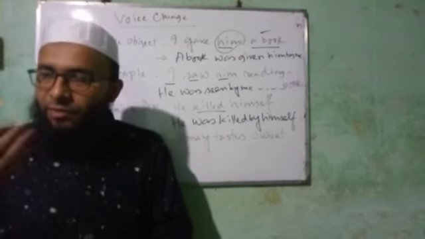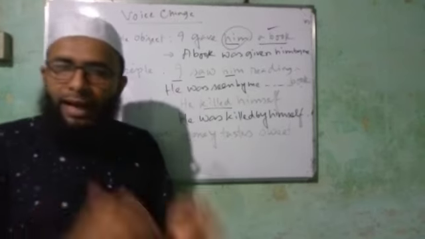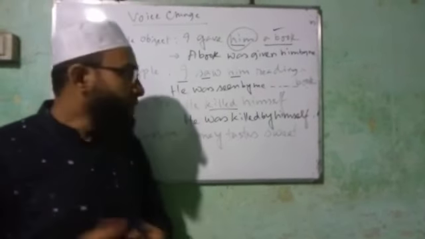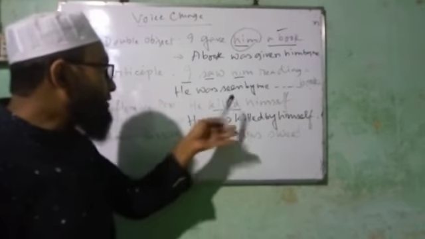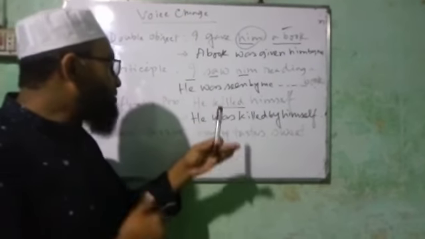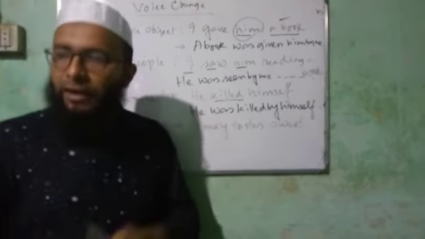It will be in objective form: him, himself from he; herself from she, like this. So it will not be changed. Got the point? So this is the method of changing voice from active to passive of a reflexive verb.